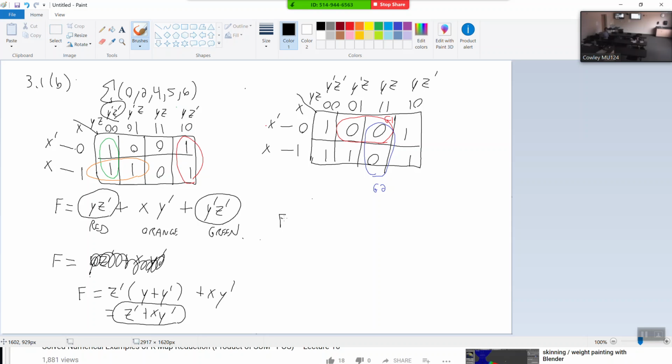So for our F prime, okay, so I'm going to focus on the red. Looking at these two red ones, what can I say about X? X is the same.